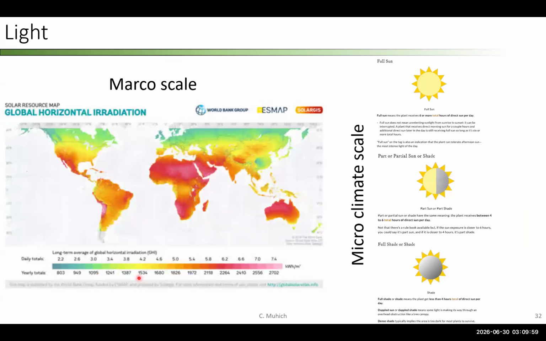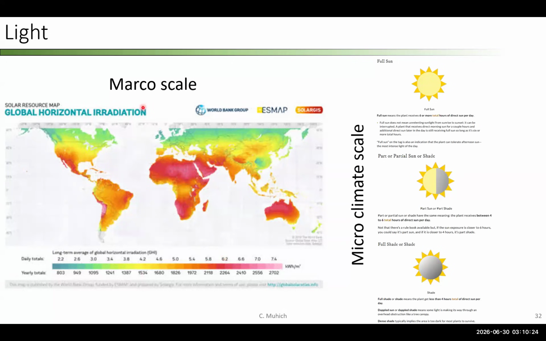We also have to be cognizant of light. So we mentioned this a little bit before, and it's related to the hardiness zones, but there's also light exposure. And so we can see as we go through different parts of the world how much light is reached in general in different locations. So we can think of this in terms of a macro scale.